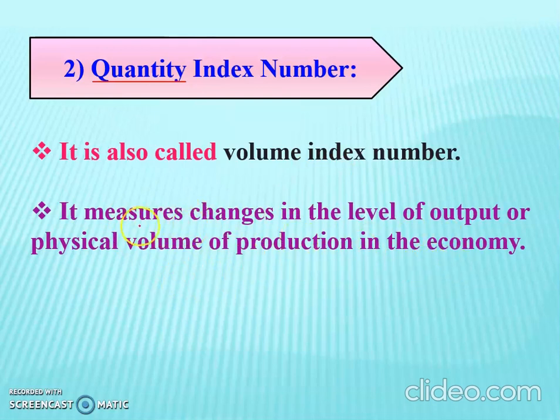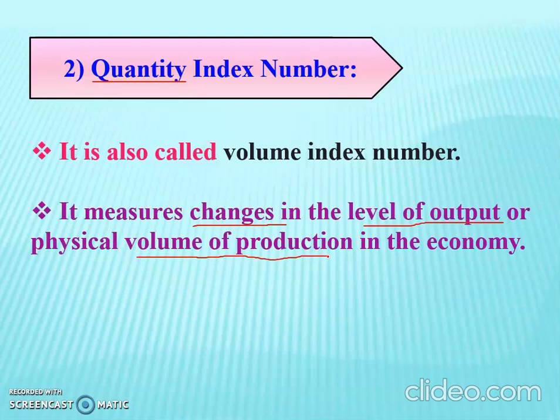See here, they are mentioning that we are measuring the changes taking place in output or physical volume of production. Means here we are concentrating on the quantity of commodity, not the price.